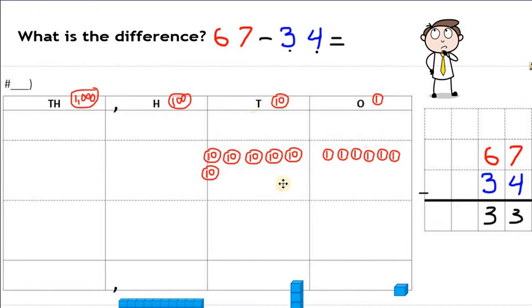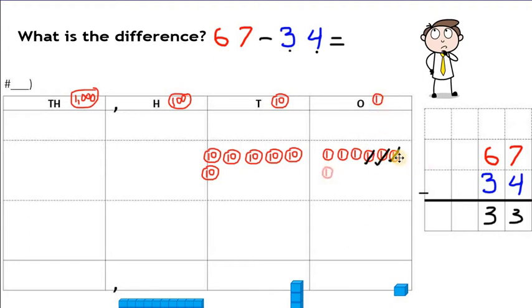So I know that when I subtract, I start with the whole, and I subtract or count off the other number. So I'm going to go ahead and subtract 4 ones from 7 ones. 1, 2, 3. I don't have the right number there.